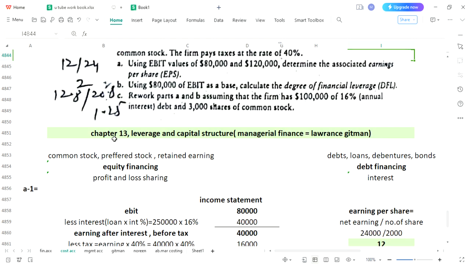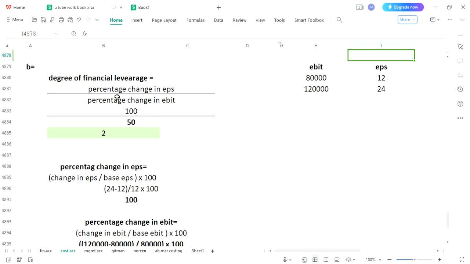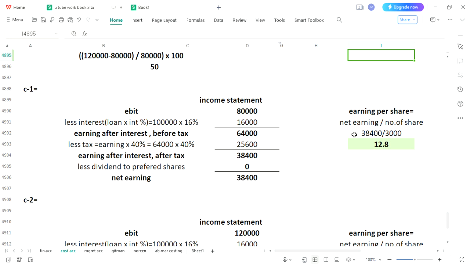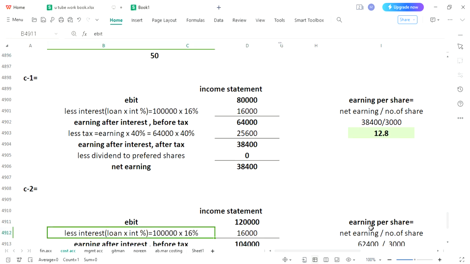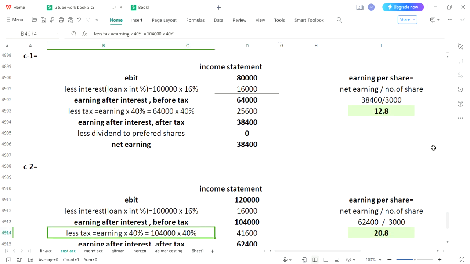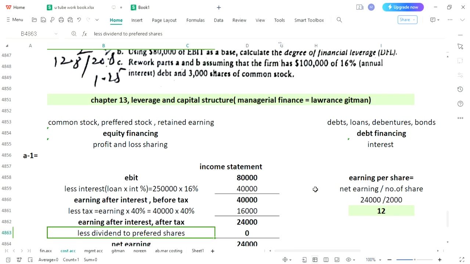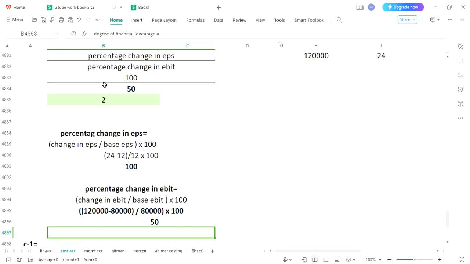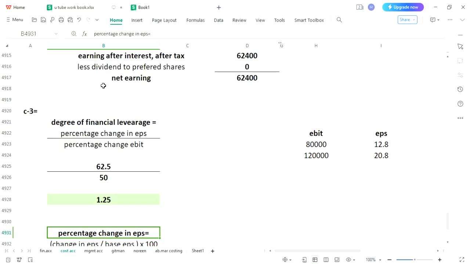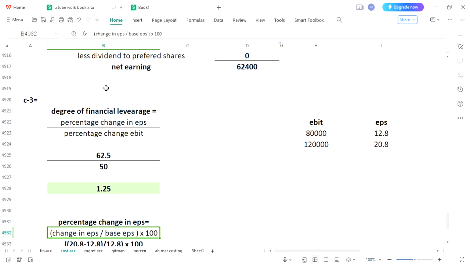Then the C part had three answers: 12.8 and 20.8. First two answers matched, then the final answer was 1.25. So here you have your final answer, 1.25. All answers are matched as well.